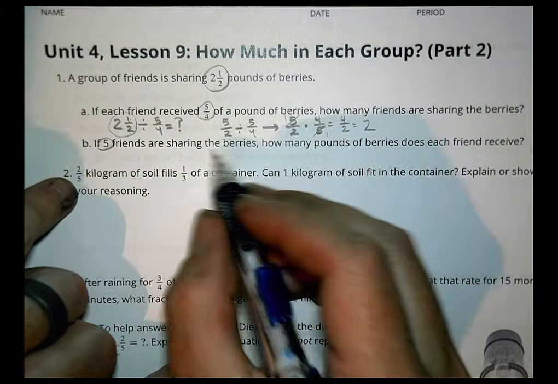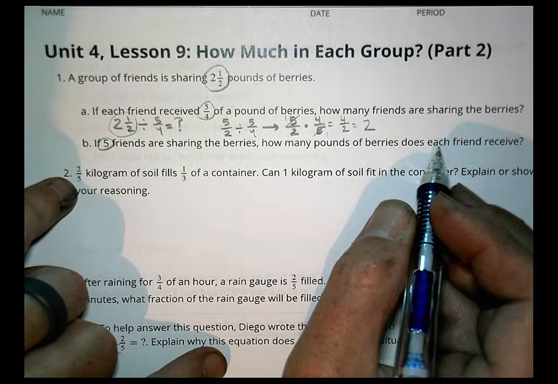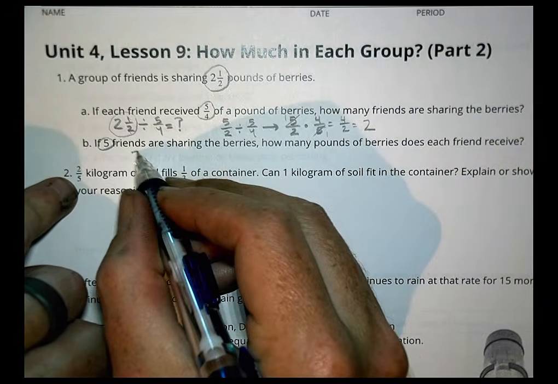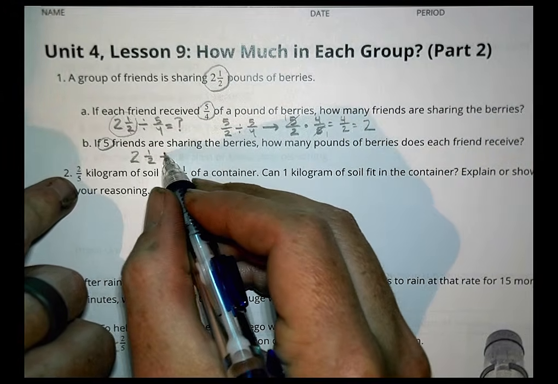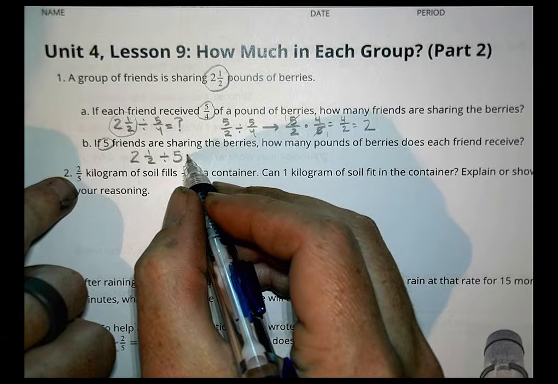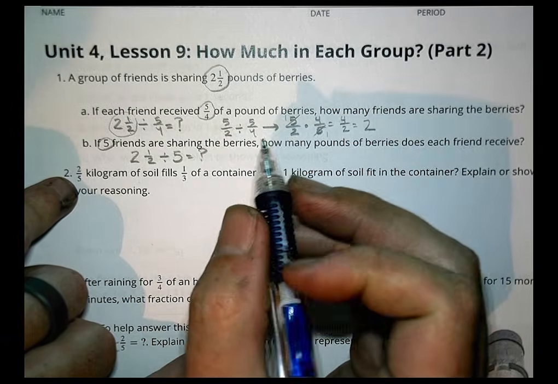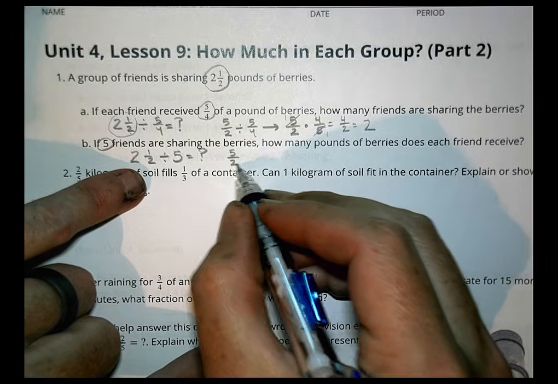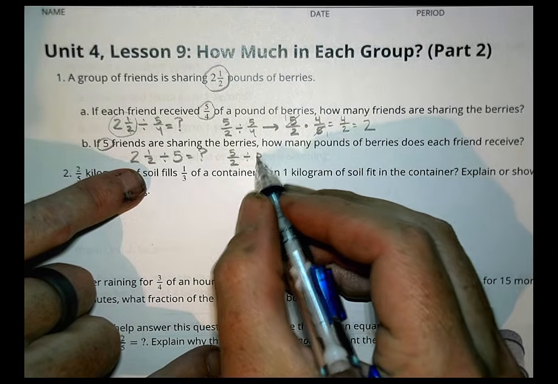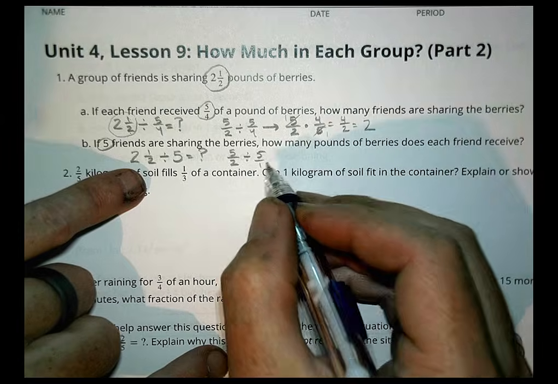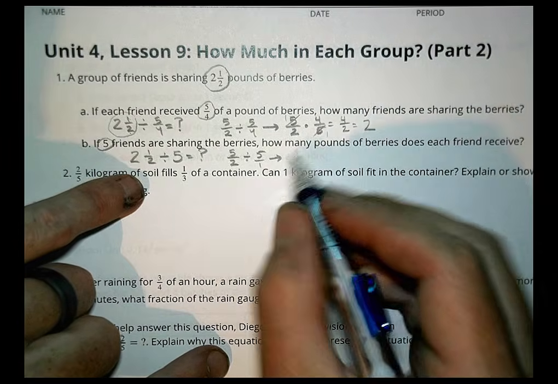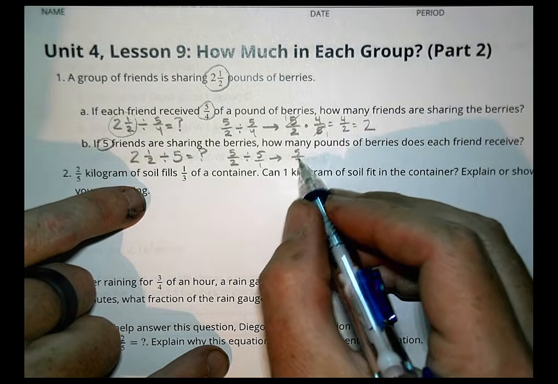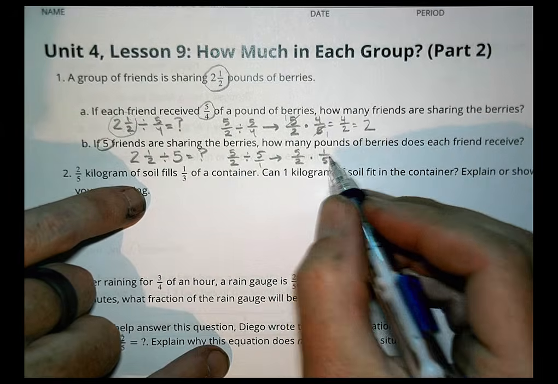If 5 friends are sharing the berries, how many pounds of berries does each friend receive? So now we're taking the 2.5 pounds and dividing it among 5 friends to find out how much each person is going to get. Again, 2.5 becomes 5/2 divided by 5. 5 is the same as 5/1. So let's rewrite this as multiplication. We would do 5/2 times the reciprocal, 1/5.